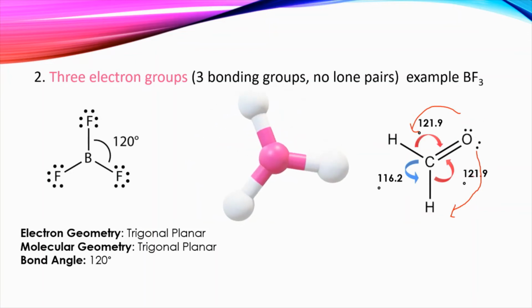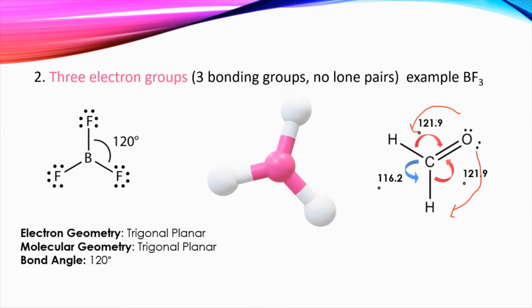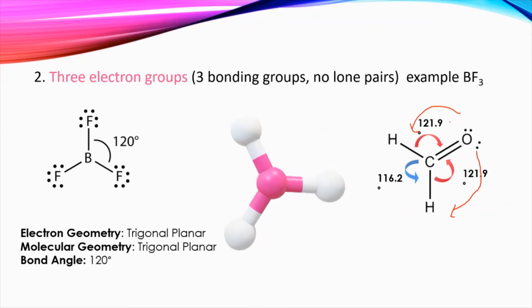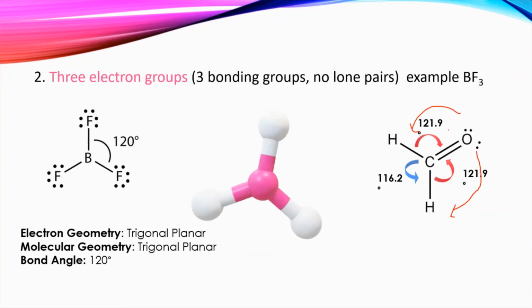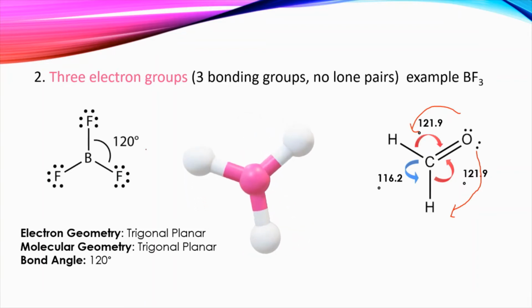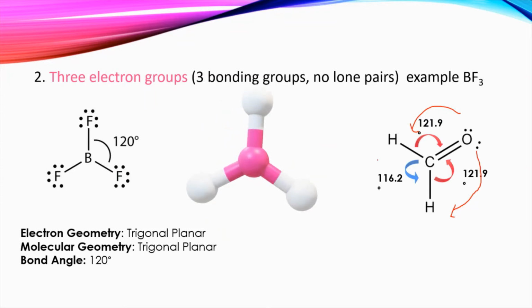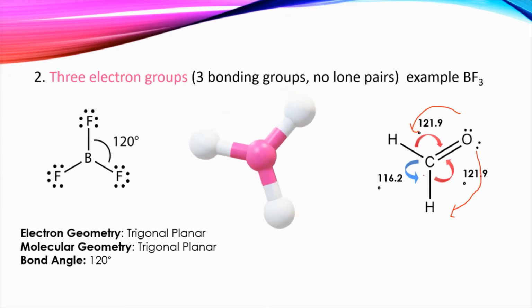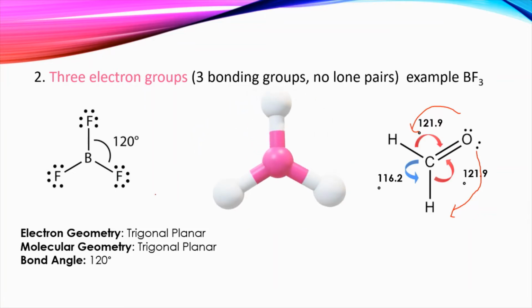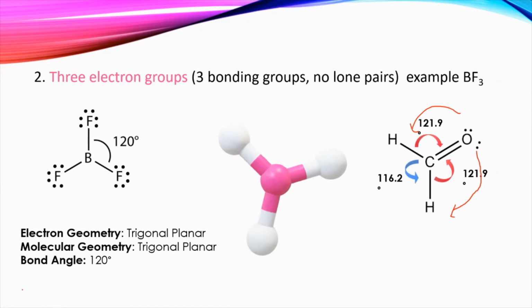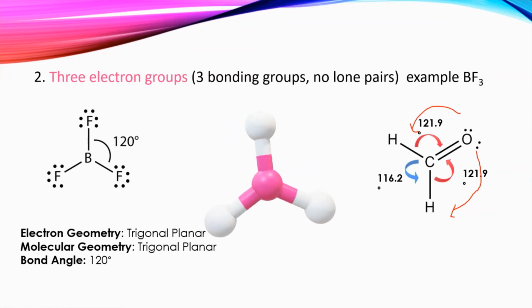And because these bonds have been pushed down, this bond angle right here is larger than 120, that becomes 121.9, which is larger than the ideal trigonal planar bond angle, okay? But it's still 3 electron groups, all bonding, no lone pairs, so it still counts as a trigonal planar molecule, okay?